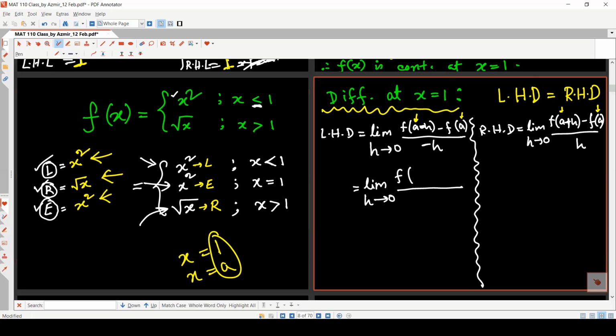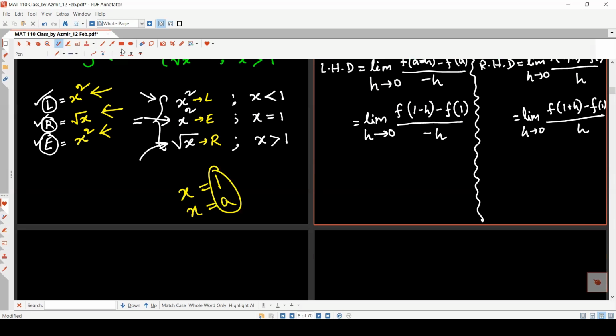You can see here we have a minus a. That means limit a tends to 0, function of 1 minus a, minus function of 1, divided by minus a. Similarly, for right-hand derivative, limit a tends to 0, function of 1 plus a, minus function of 1, divided by plus a.